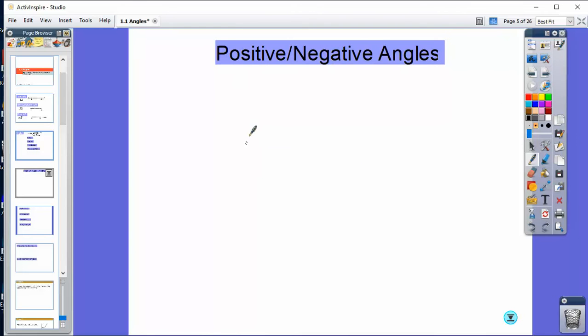So let's draw a couple pictures. I'm going to draw 2 identical angles. But I'm going to draw a different inside. One of them is turning this way, and one of them is turning this way.